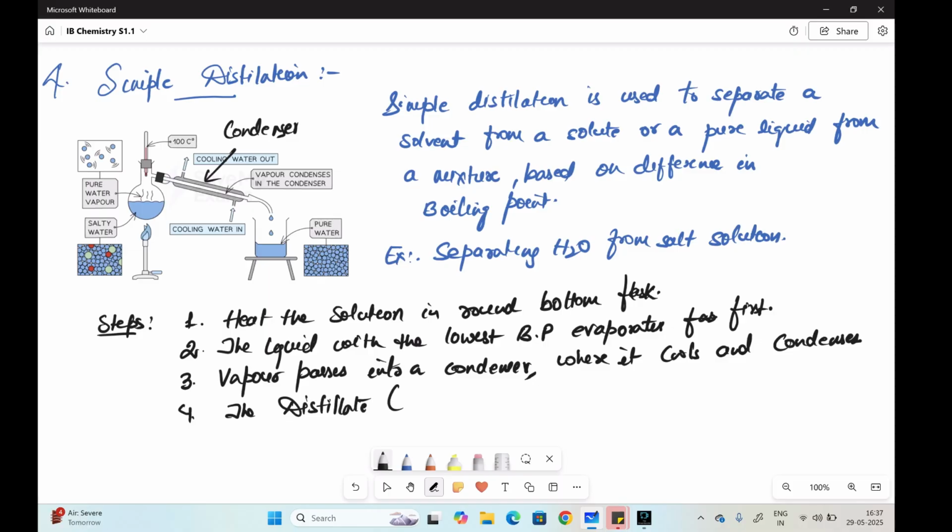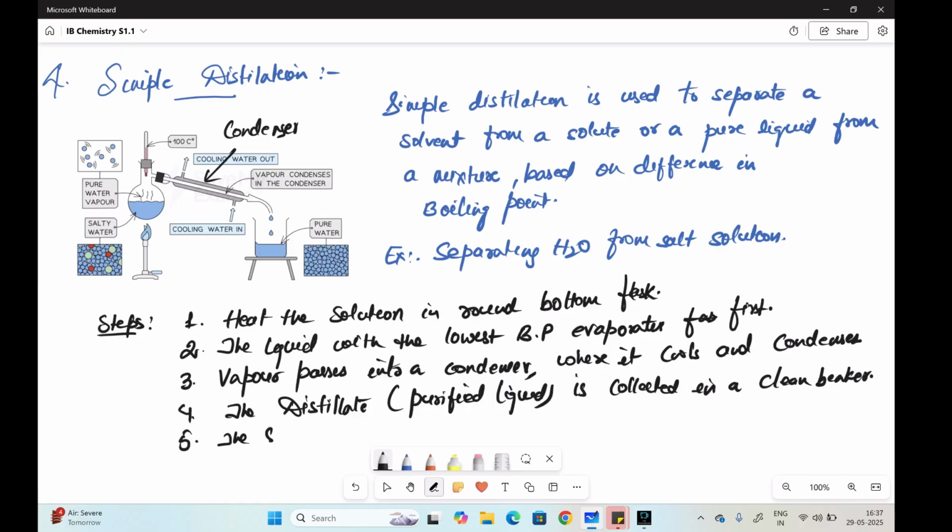When we say distillate, the meaning is purified liquid. Is collected in a clean beaker. And other components will remain back in the solution.